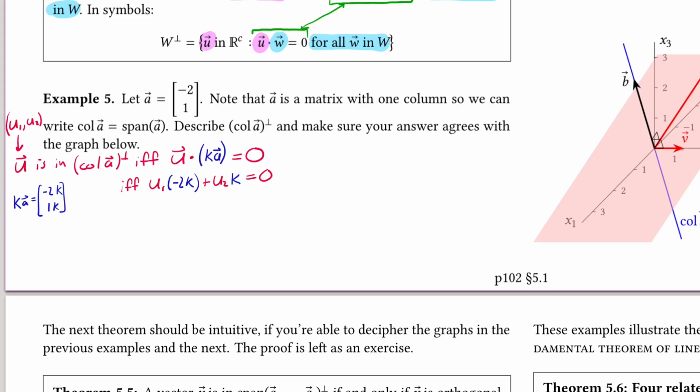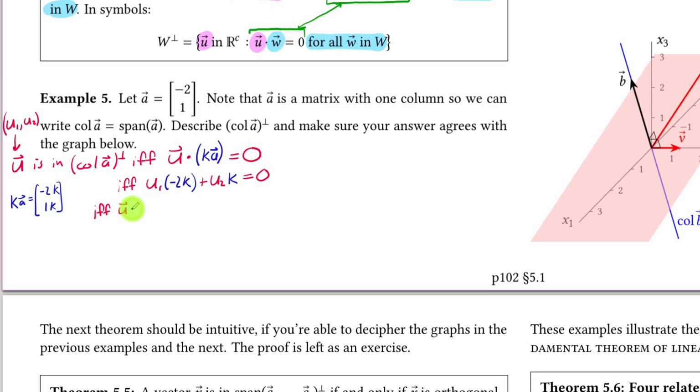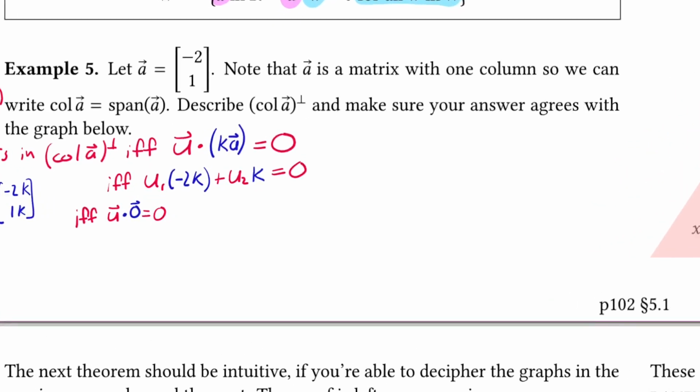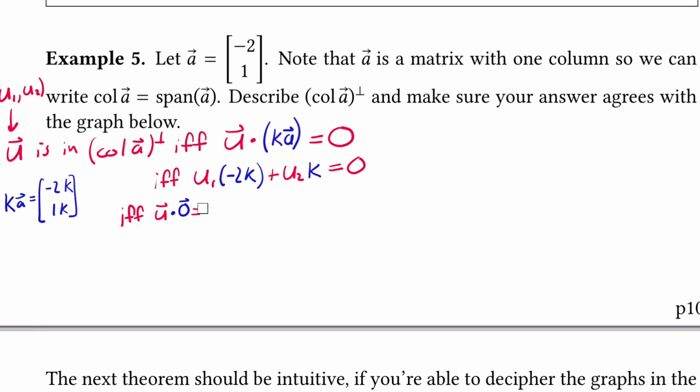But it turns out the 0 vector, like if k is 0, then that's orthogonal to u no matter what. Like u dot the 0 vector is always the number 0. So we can just say this is equivalent to saying u1 times negative 2 plus u2 times 1 equals 0.